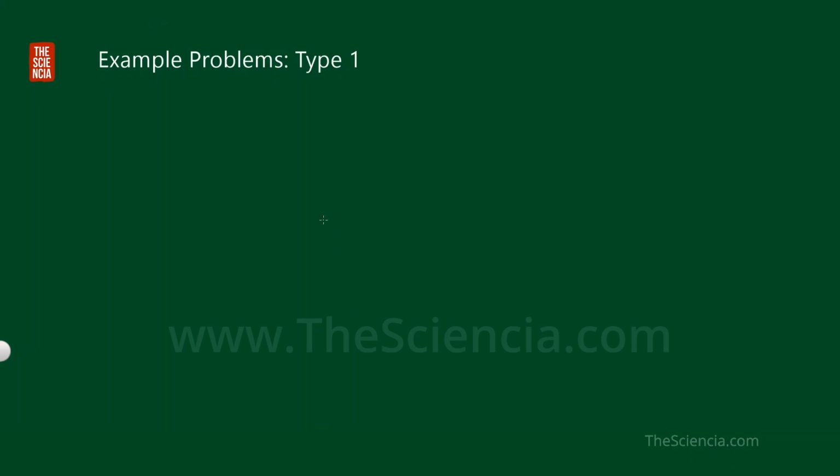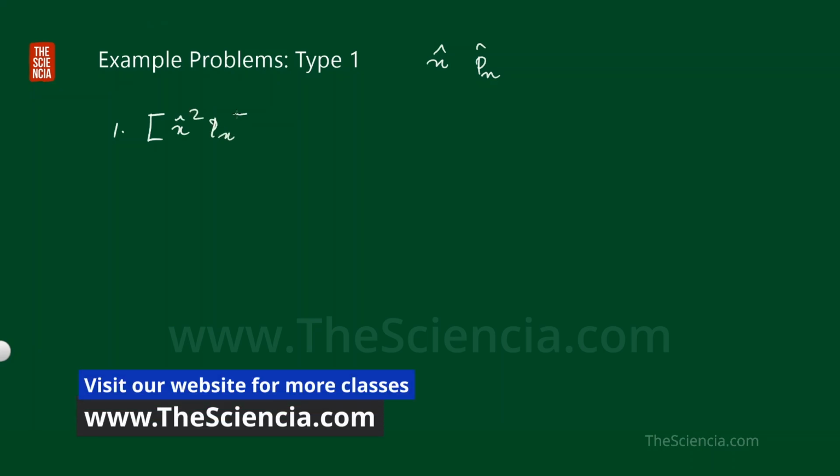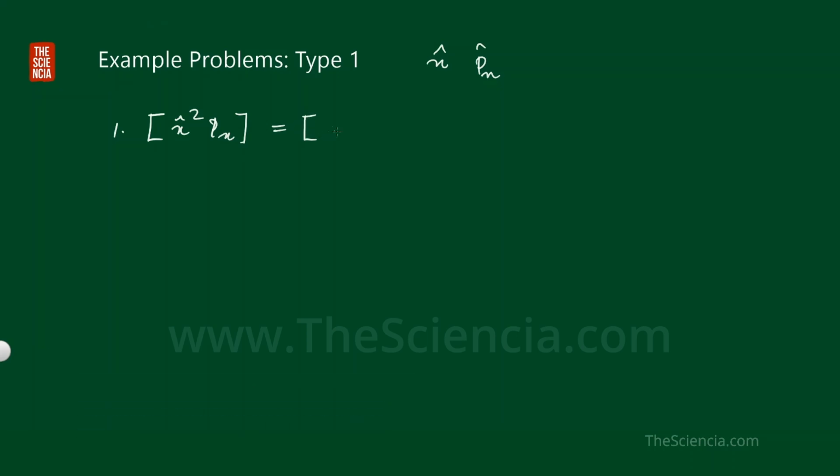Example problem type 1. In this section, we will discuss combinations of x cap and px cap. First question: commutator bracket of x square, px. Here we can expand this as x cap, comma, px cap.